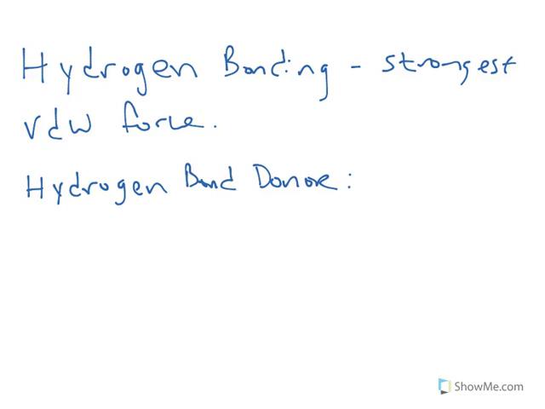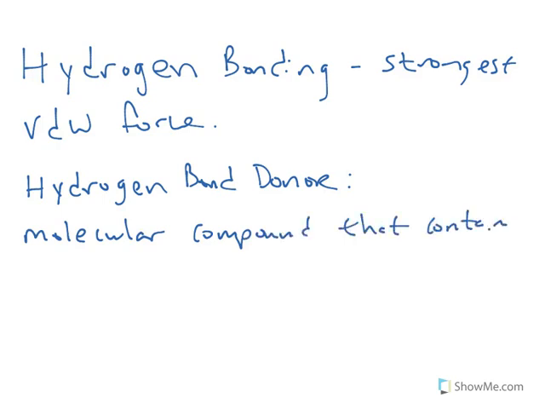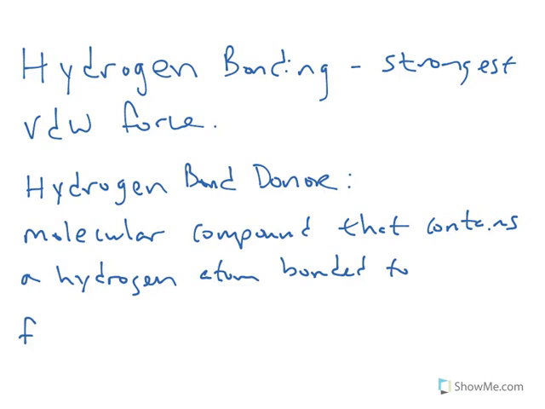So a hydrogen bond donor is a molecular compound that contains a hydrogen atom bonded to fluorine, oxygen, nitrogen, or chlorine.